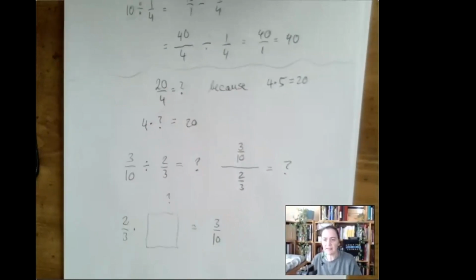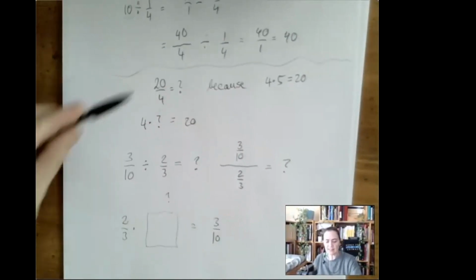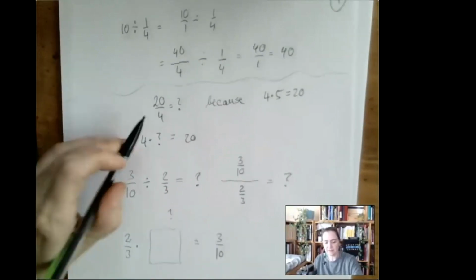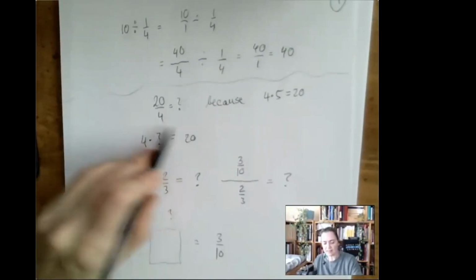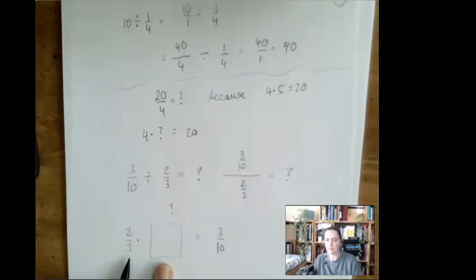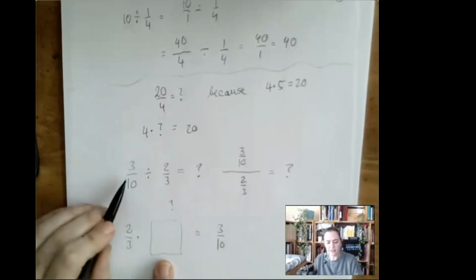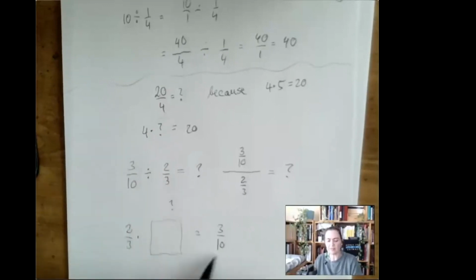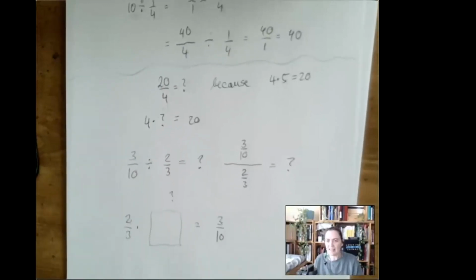If you're not sure, start with the division you understand. We just rewrote this division question as this question. We just did the same thing with fractions. So 3 over 10 divided by 2/3 is the number that if we multiply 2/3 by, we get back that 3 over 10.